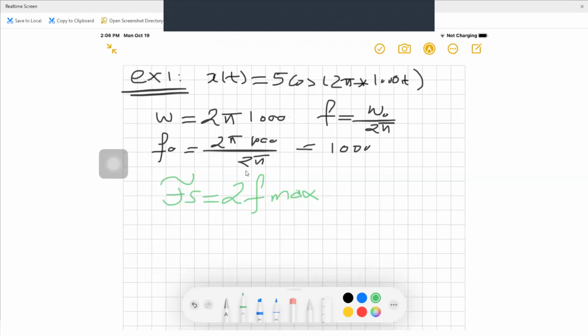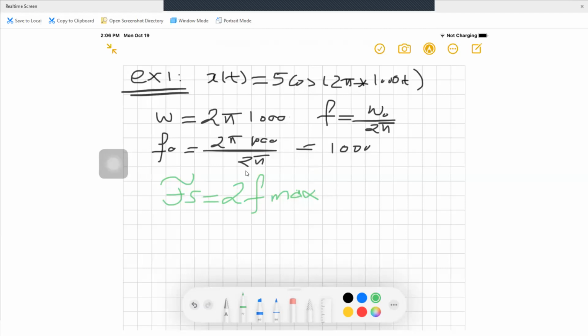Okay, 1000 hertz, or 1 kilohertz, is the maximum frequency. Why? In this example, all we have is a single cosine. So we have a single function, so the maximum frequency will be the fundamental frequency of this cosine signal, which is 1000. Okay, now continuation with this example.